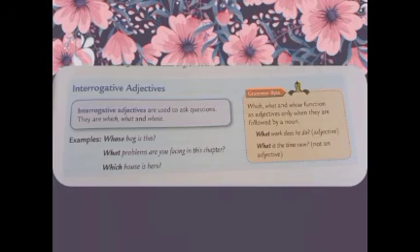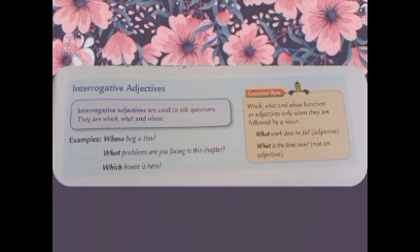Which, what, and whose. But not all the questions which start with whose, what, and which are interrogative adjectives. Then how can we identify interrogative adjectives? These adjectives should be followed by a noun. See, what bag? Bag is a noun here.